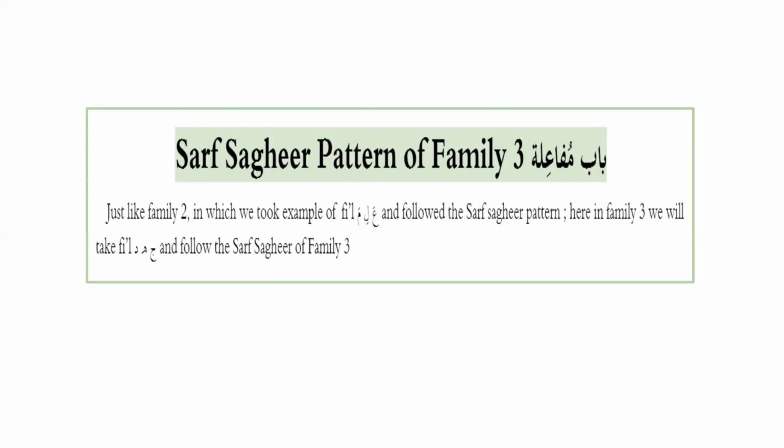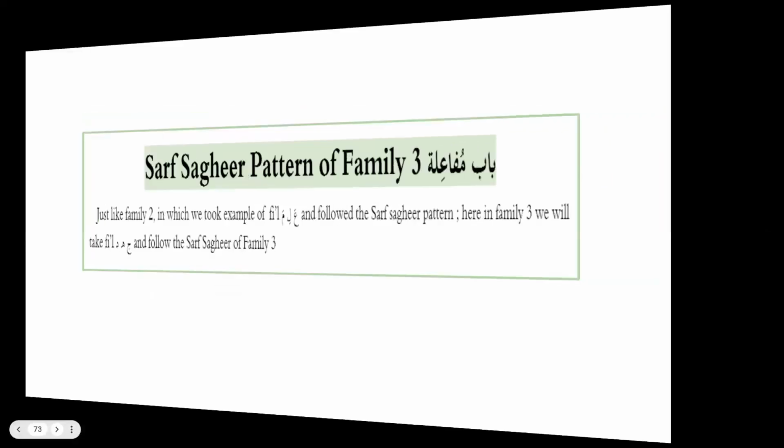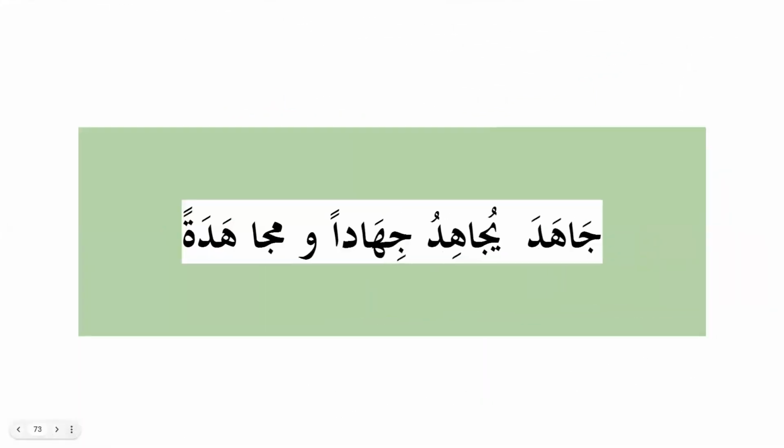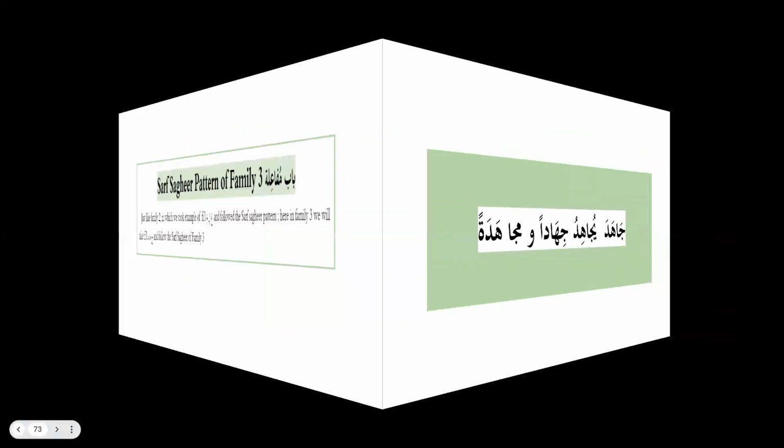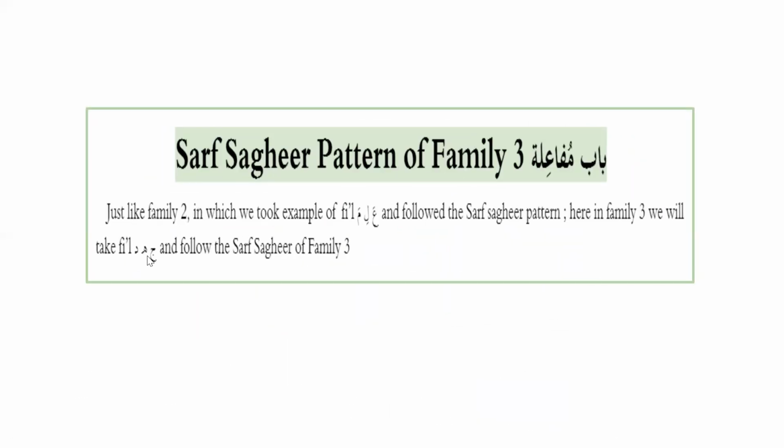In the same way, we are going to take the 3-letter root word jim, ha, and dal. Jahada, yujahidu. That's why in Arabic students, we also call this family the Jahada family, because this is the common root we use for family 3.